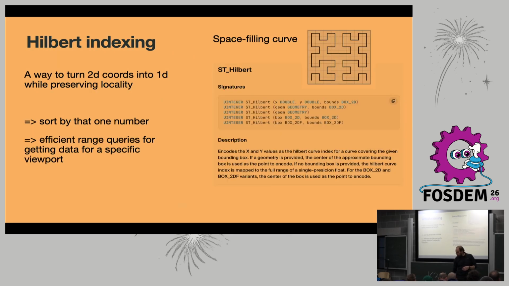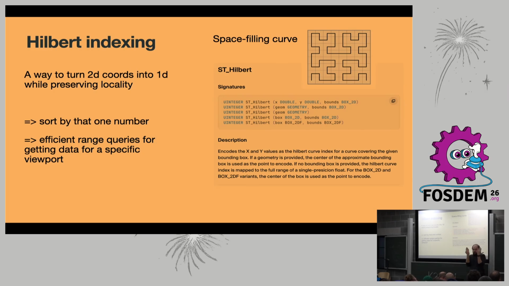And to do this, who is familiar with space filling curves? Just a few people. Okay. This is a mathematical concept, but it's actually easy to explain. The purpose is to compress two dimensions into a single dimension. So you have two columns, x and y, or latitude, longitude. Better to use x and y already projected.